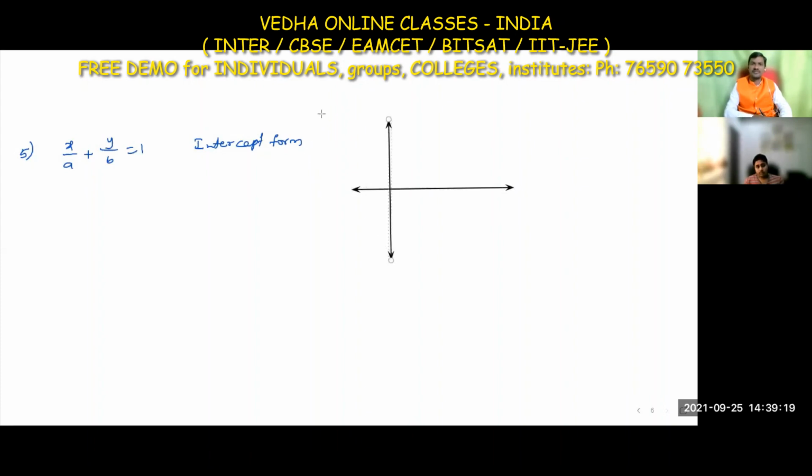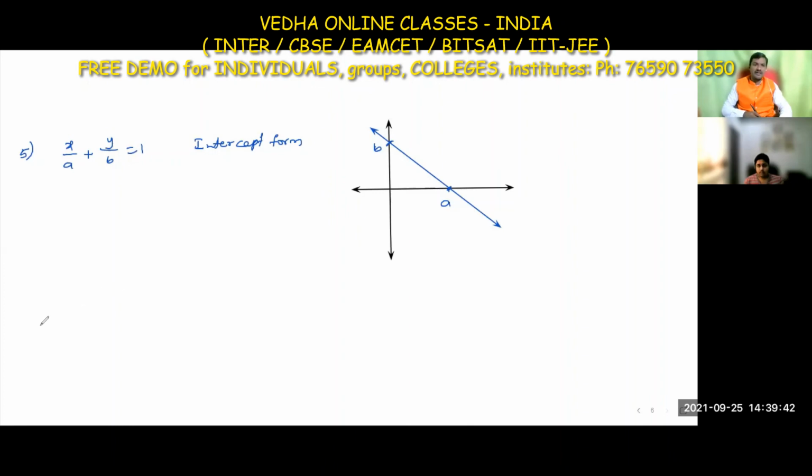That means this line is intersecting the x-axis at A and the y-axis at B. Then we use this formula. Based on the situation, we use different formulas.